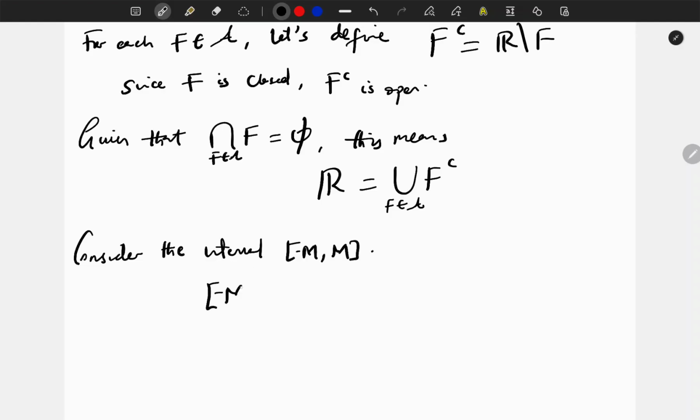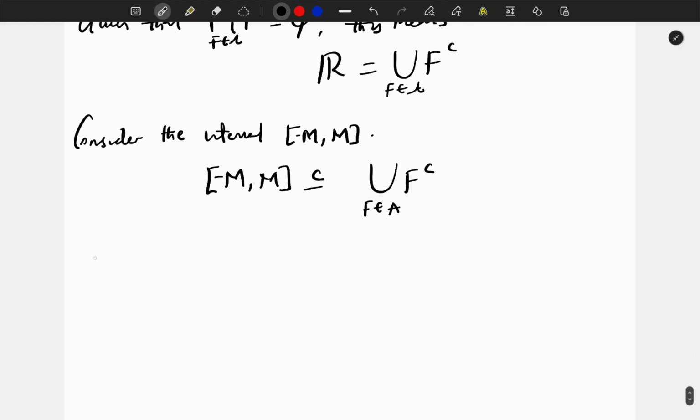We have this to be a subset of the union of F complement, F belongs to A. So if R can be covered, then this open cover also should cover [-M, M], no matter how large M could be.